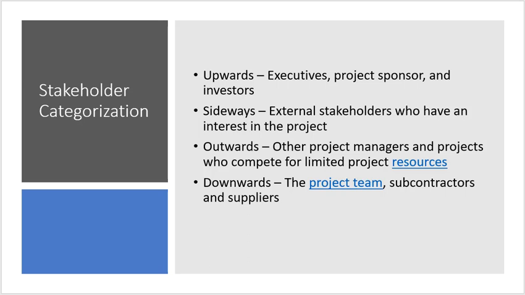Upwards means the people who are at the top level of the organization. Sideways means other important people who are working along with us. Outwards means stakeholders who live in the external environment. Downwards means our subordinates, the next level people who are working for the project. This is how we can decide about stakeholders.